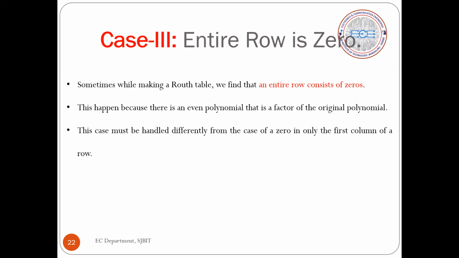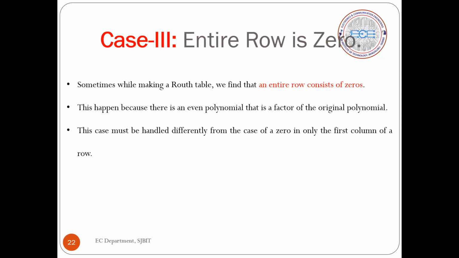We can complete the table and comment on the stability. Stability remains the same, because the distribution of roots is the same for the actual system and the reciprocal system. So we are able to complete the stability analysis for such a system.